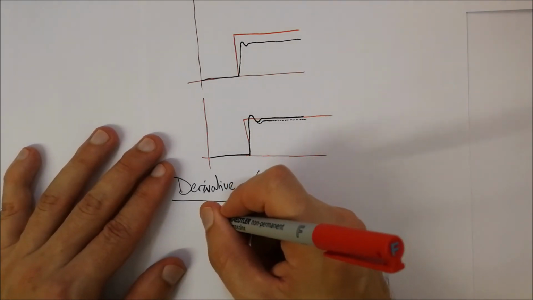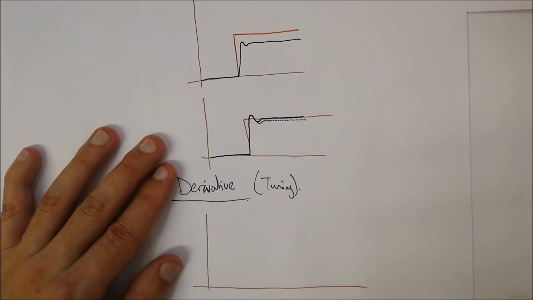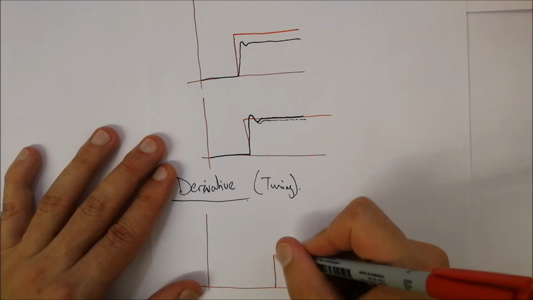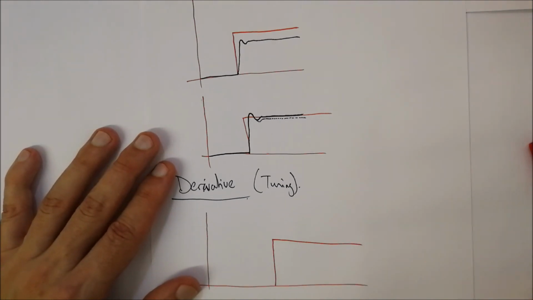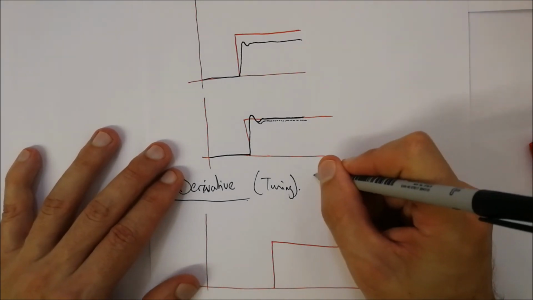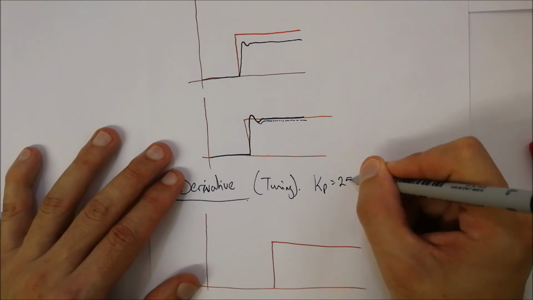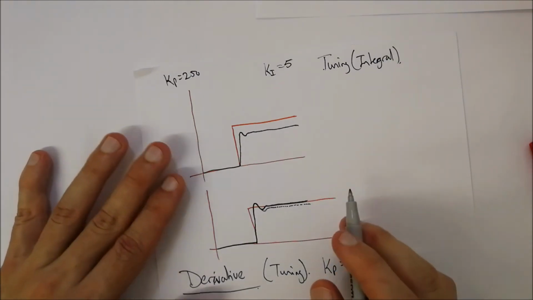Okay, so again, you might say, I'm going to start off with a value for our derivative tuning. We're going to use the same example over there. So we've got, let's say, Kp equal to 250.